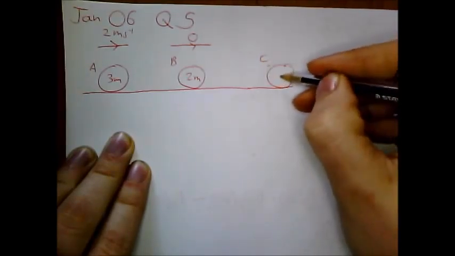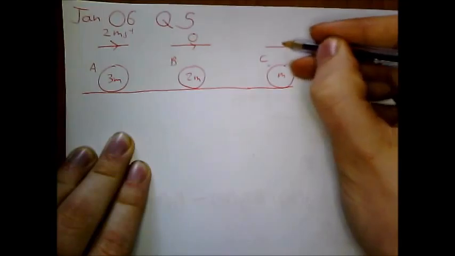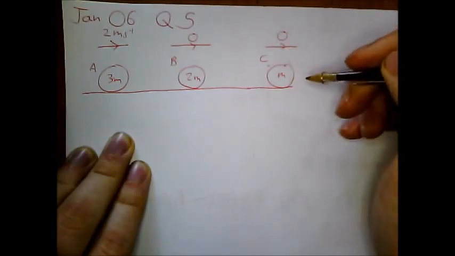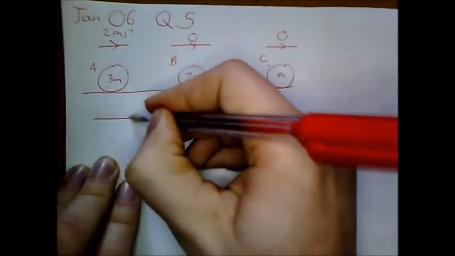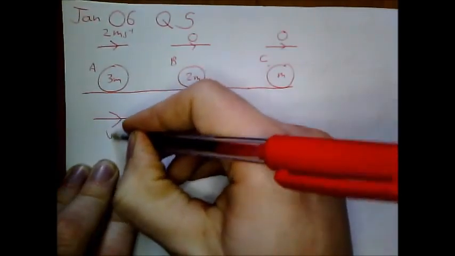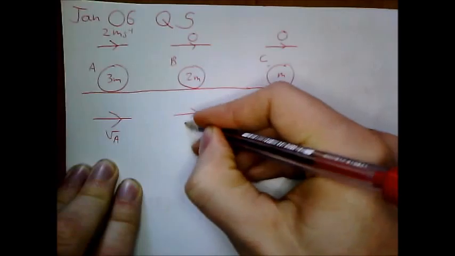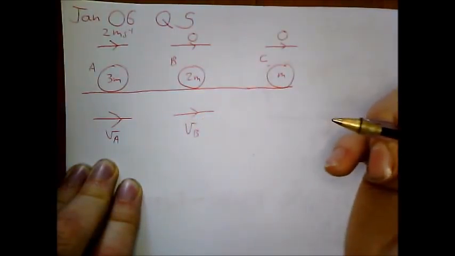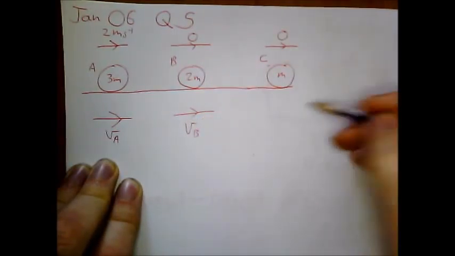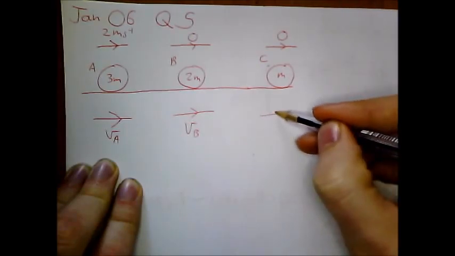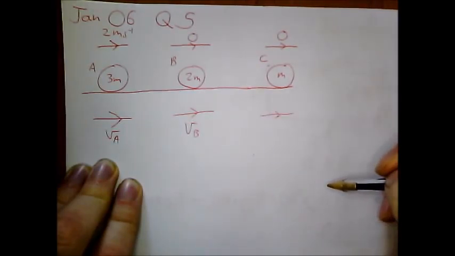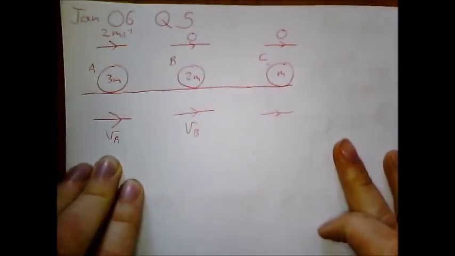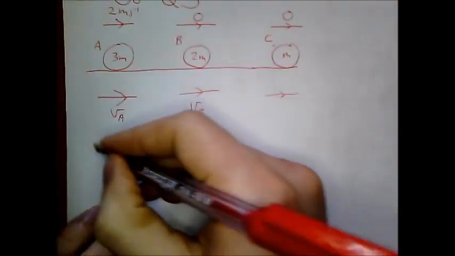After the collision, we have VA and VB. Okay, so let's form an equation using the conservation of momentum.